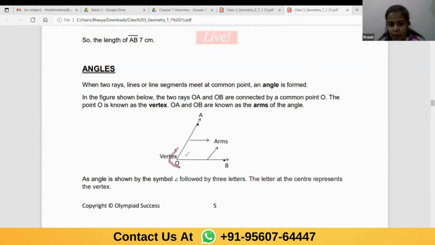This is the starting point of both the rays. Now, the other portion, the arrow portion, always remains outside. It never intersects. The starting point always intersects to make the angle of both the rays. And this is called the vertex. Now, the two rays which create an angle are called arms of the angle.